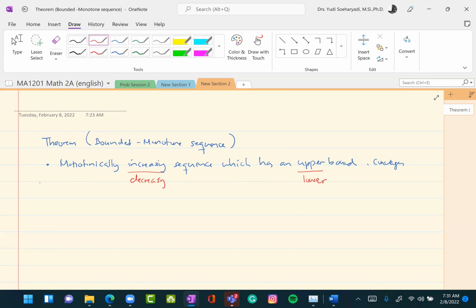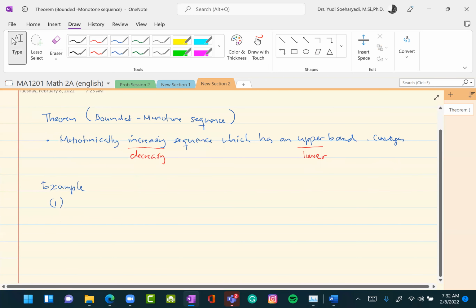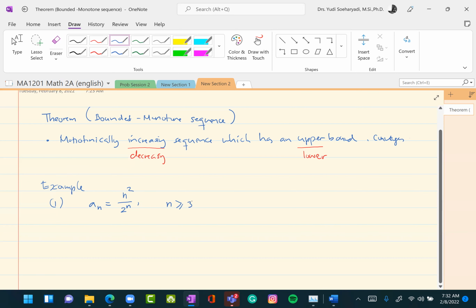All right, so let's do the example there. One would be, not to say easy, but you may question why do we need to do this one? Okay, so that's the one that we had yesterday. So a_n is n squared over 2 to the n, for n starting from 3.